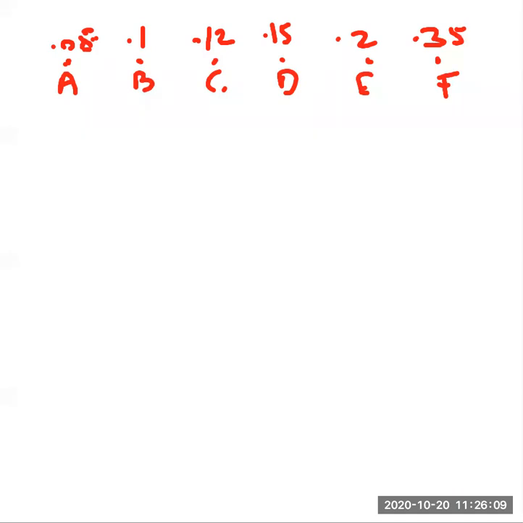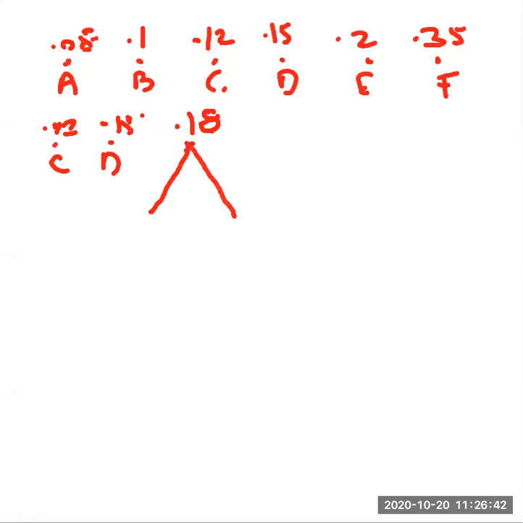After sorting, the first one that comes up is C, 0.12. The second one is D, 0.15. The third one is the combination of A and B, that is 0.18. Among this 0.18, there are two parts, one on the left and one on the right.